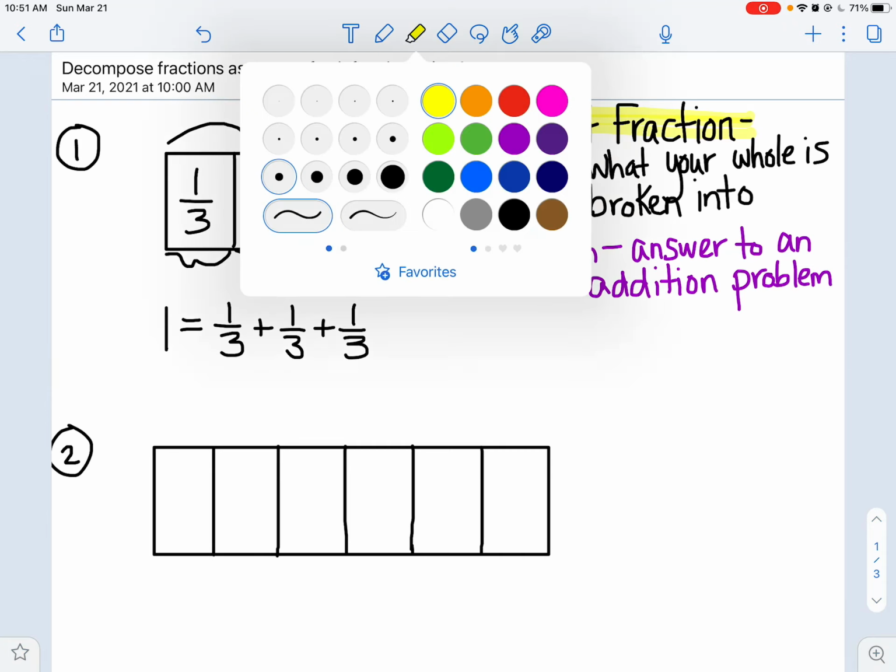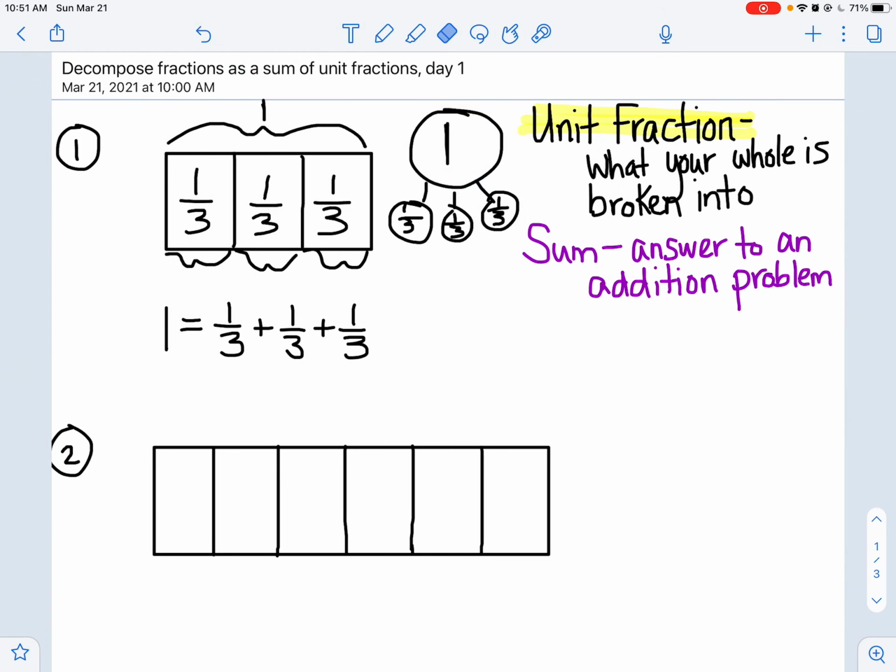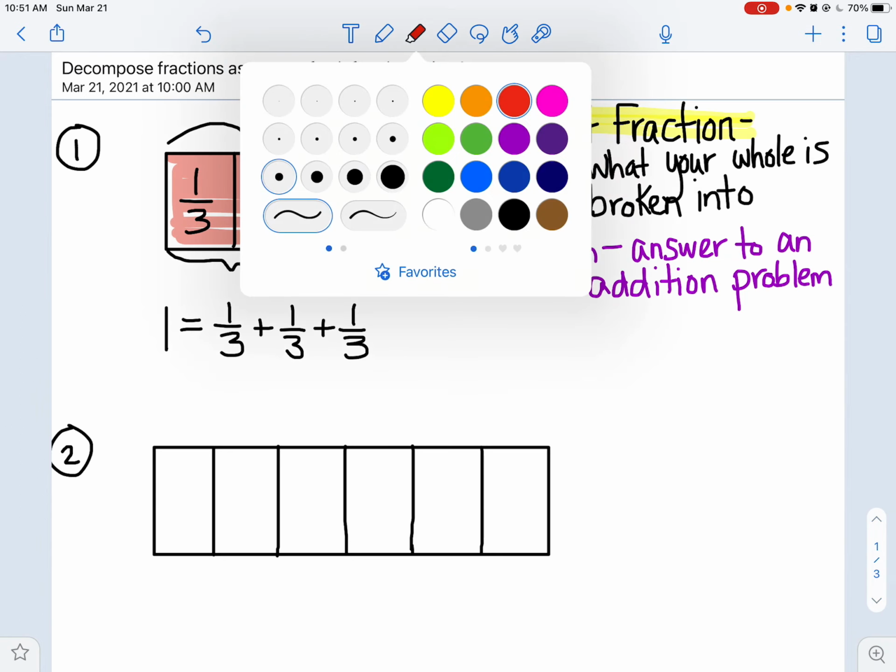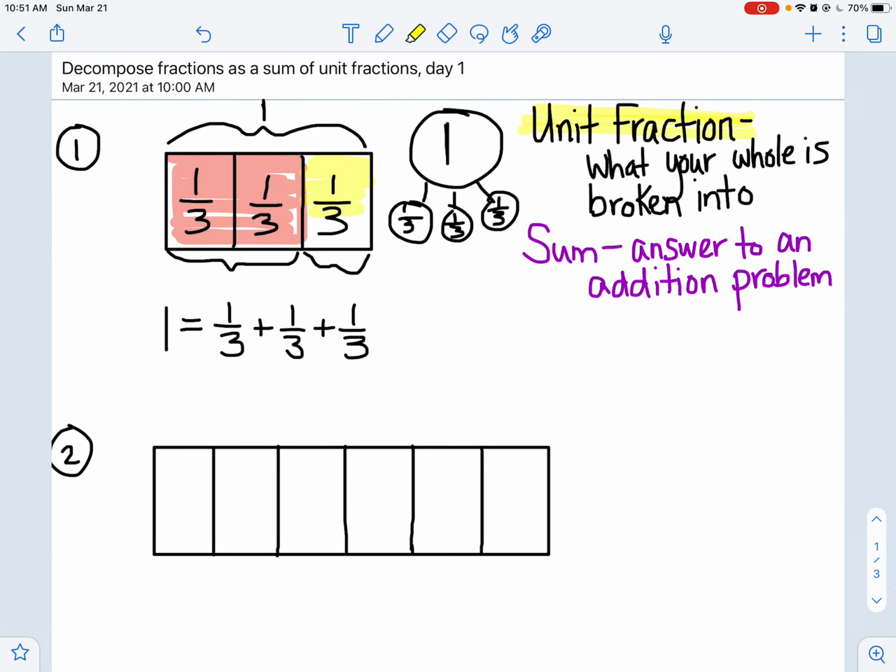If I saw some different colors on here, let's say I labeled this slightly differently. Let's say this is still a whole, but I say I've got this portion and this portion. So if I put some colors on here, let's say this is one section, the red, and then one section of yellow. I can still write that as an addition sentence or as a number bond.